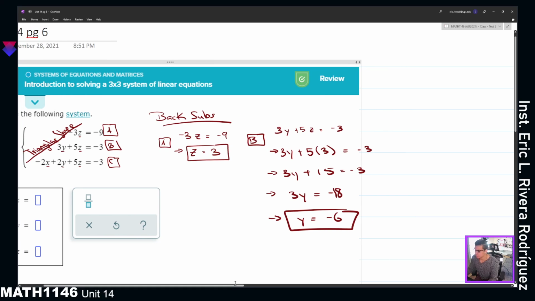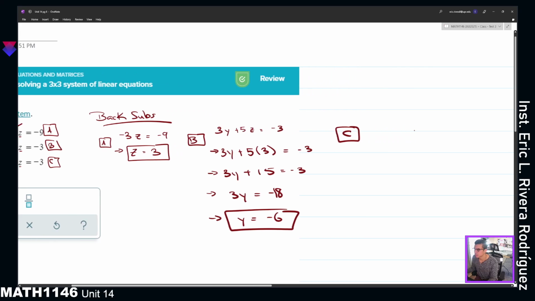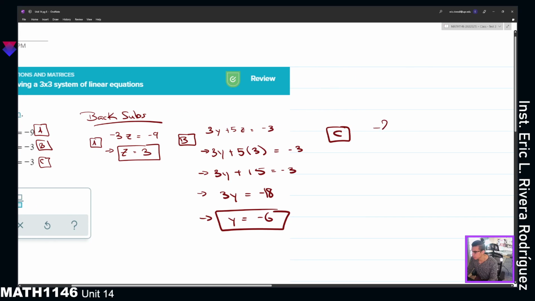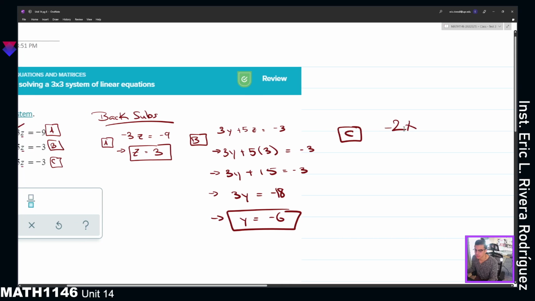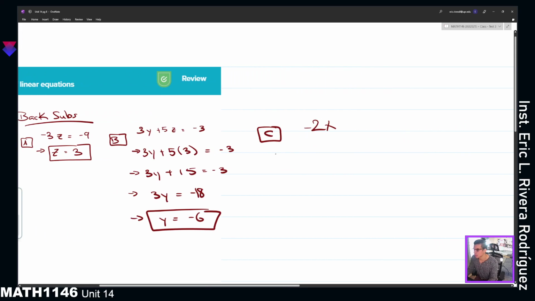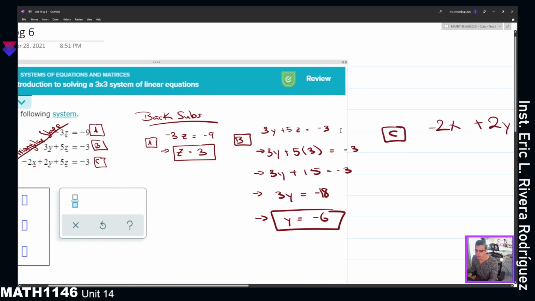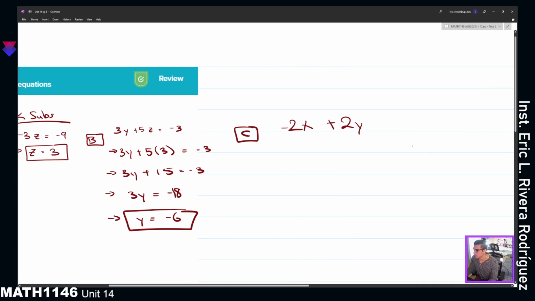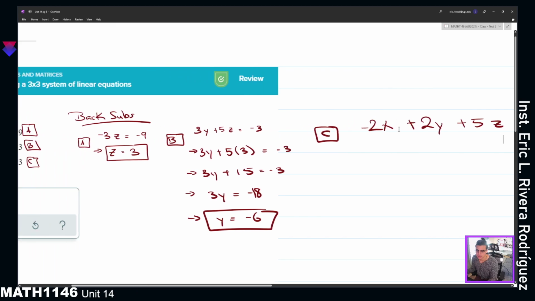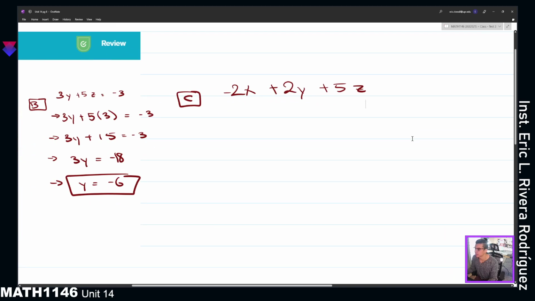Then to work with equation C, so this is -2x plus 2y plus 5z equals -3.